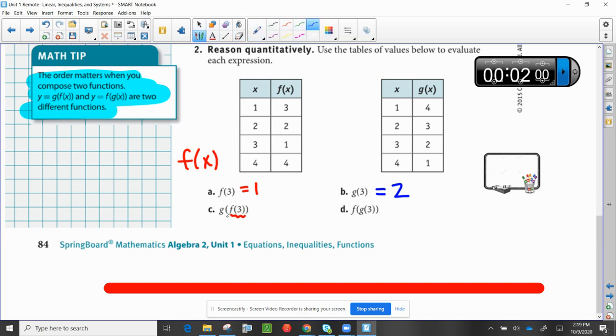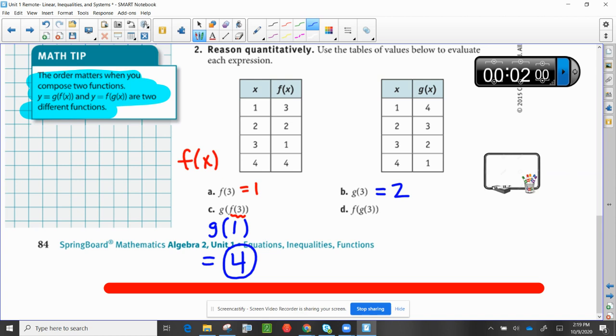So I can replace it with 1. Instead of f of 3, we evaluate that first, get the number 1, and substitute that in. Now we have to find g of 1. Here's 1, and that answer gives me 4. So that's my final answer there.